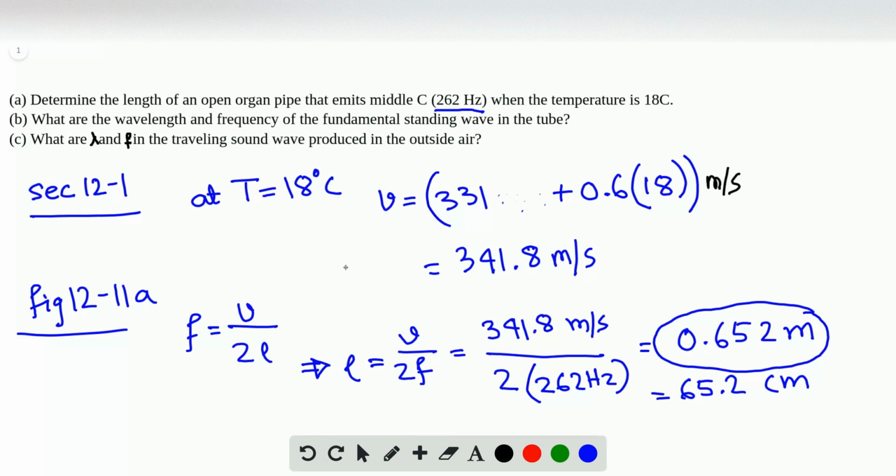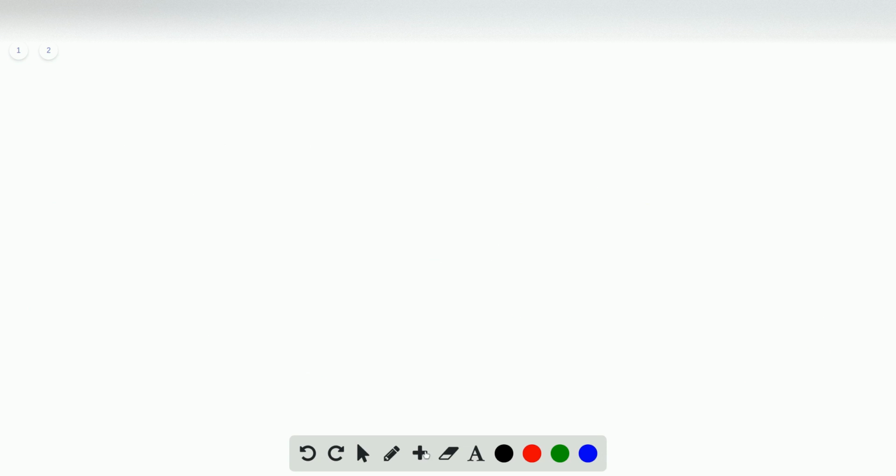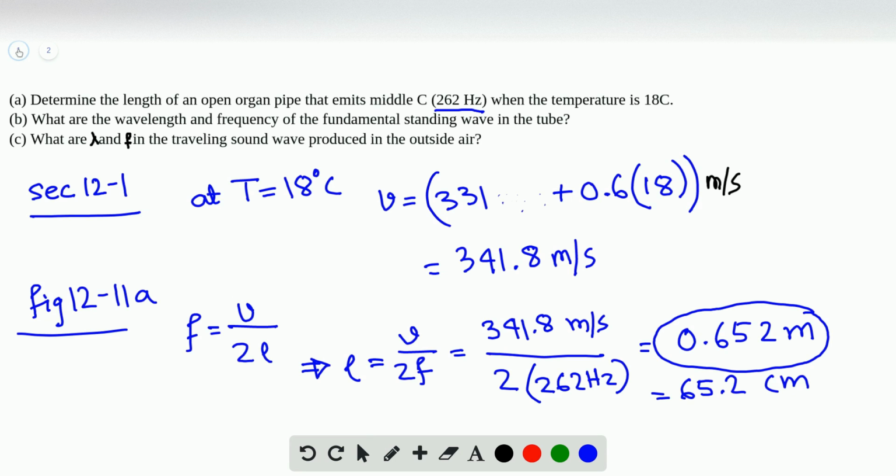Right. So the second question says, what are the wavelength and frequency of the fundamental standing wave in the tube? Now, for the frequency, since it's an open pipe, we'll have a standing wave there. So the frequency will be the frequency that's given.